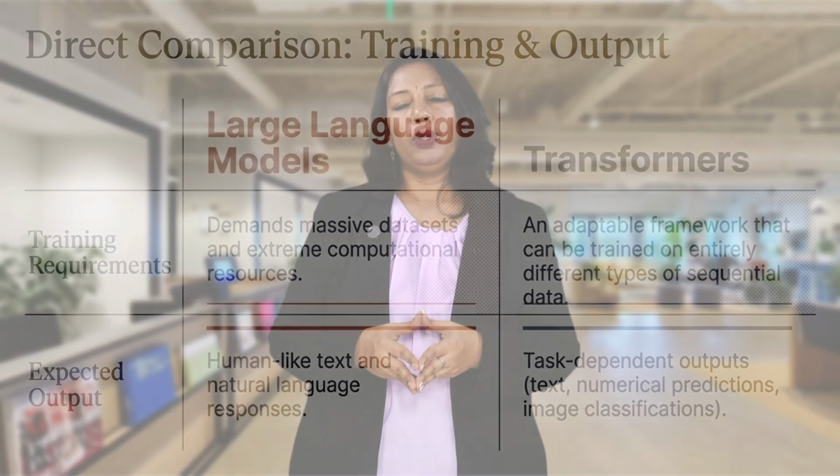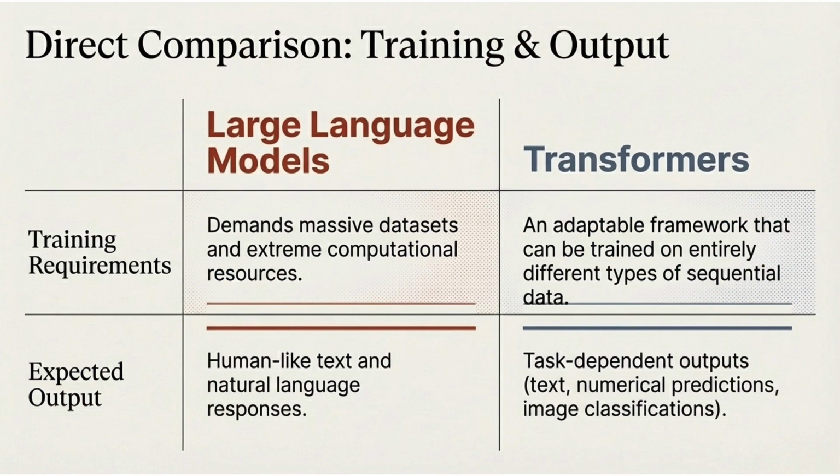Large language models require massive datasets and significant computational power for training. Through this training process, they learn patterns in language and generate human-like text responses. Transformers, however, are not limited to language.